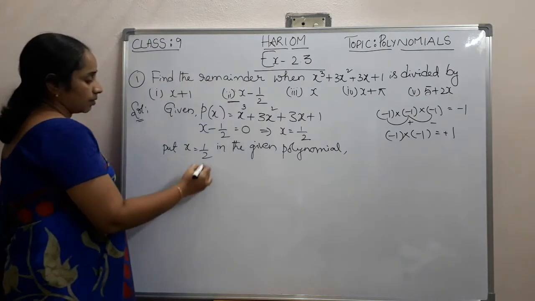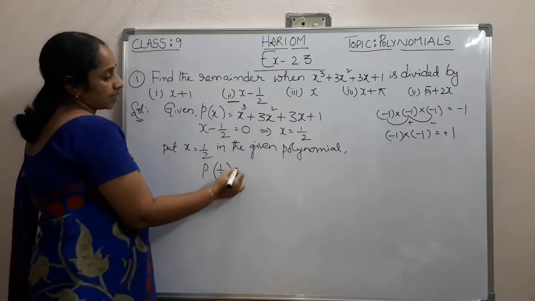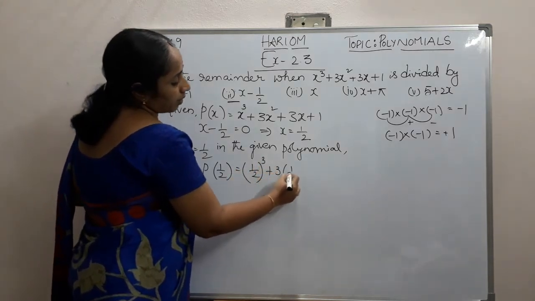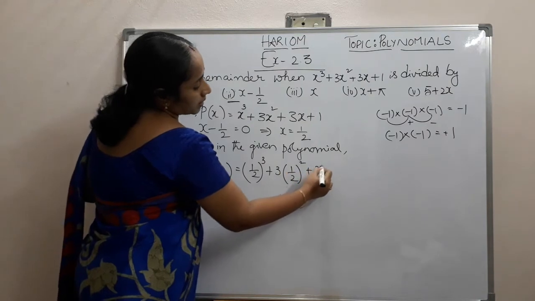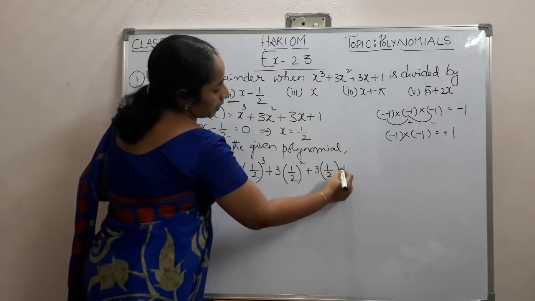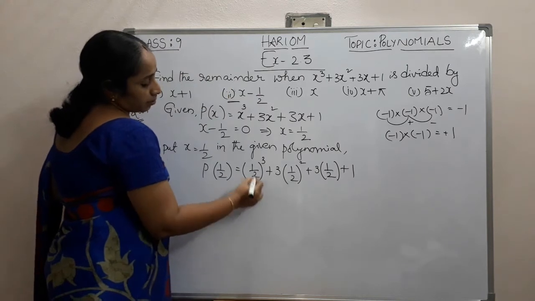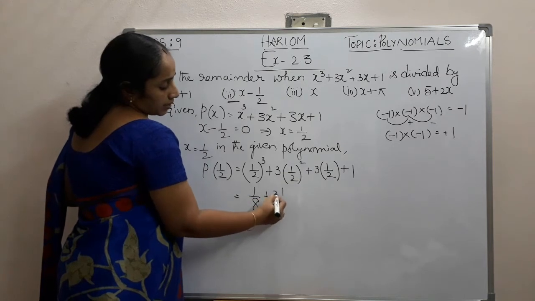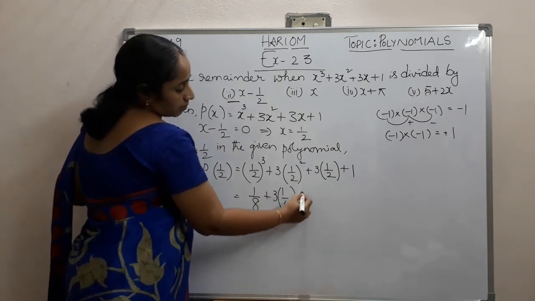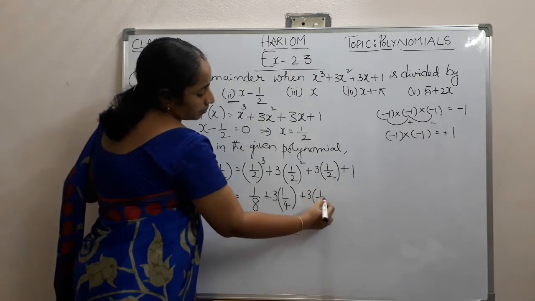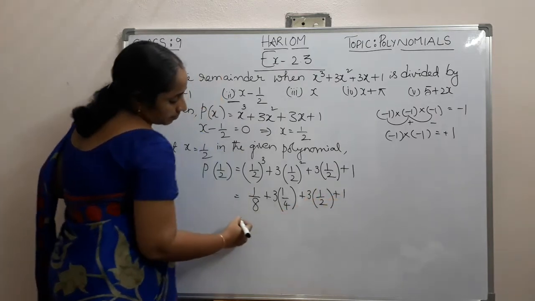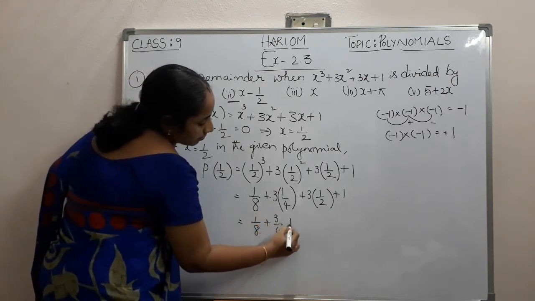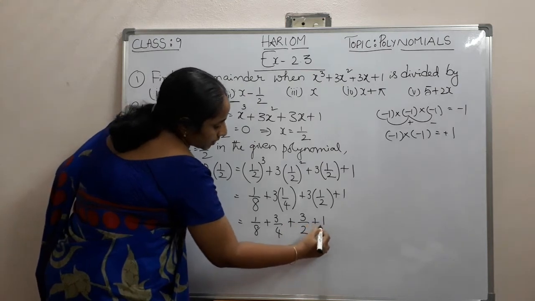We get p of 1 by 2 is equal to 1 by 2 whole cube plus 3 into 1 by 2 whole square plus 3 into 1 by 2 plus 1. 1 by 2 whole cube is 1 by 8. 1 by 2 whole square is 1 by 4, so 3 into 1 by 4 is 3 by 4. 3 into 1 by 2 is 3 by 2, plus 1.